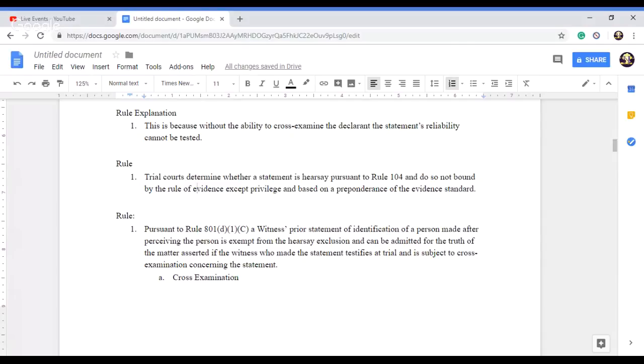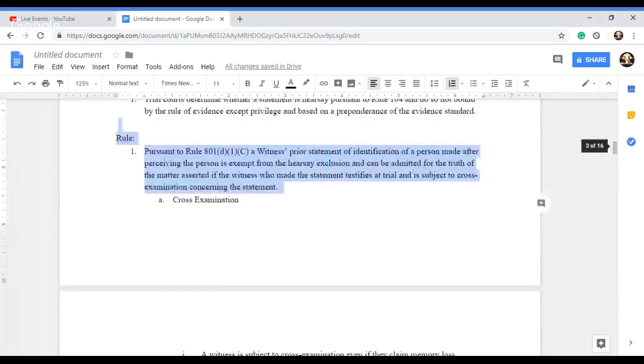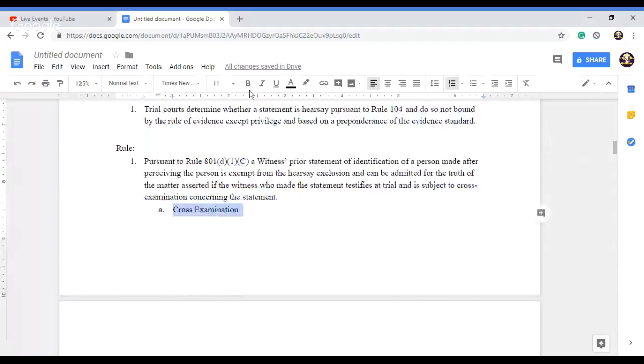And here, this is a witness's prior statement of identification of a person made after perceiving the person is exempt from the hearsay exclusion and can be admitted for the truth of the matter asserted if the witness who made the statement testifies at the trial and is subject to cross-examination concerning the statement. Then the professor goes on to define cross-examination here.